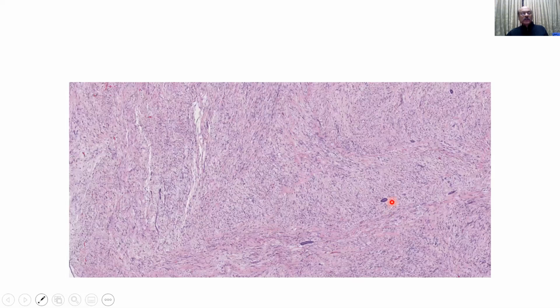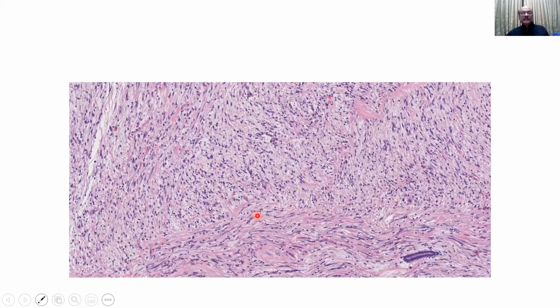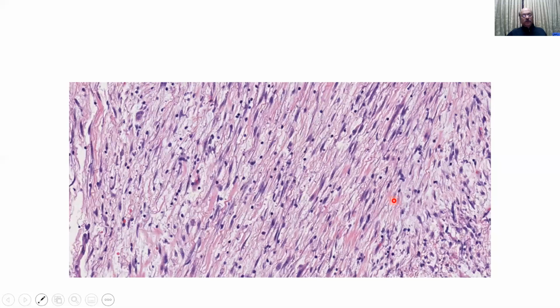These are atrophic, compressed glands, and the main bulk of the tumor is made of spindle cells admixed with some lymphocytes, and these spindle cells have a peculiar appearance, the so-called tissue culture appearance. Here you can see the compressed gland. This is more high power.